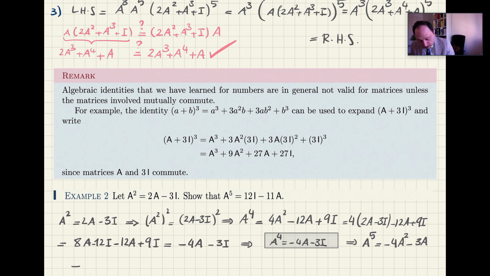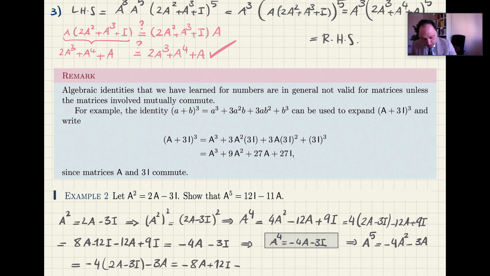But again, this is correct, but this is not the demanded form in the problem. So it is clear that instead of this a squared that appears right now, I can again do this substitution. So this becomes minus 4 times 2a minus 3i, and then I have minus 3a. So then I do the simplification once more. So it becomes minus 8a plus 12i.